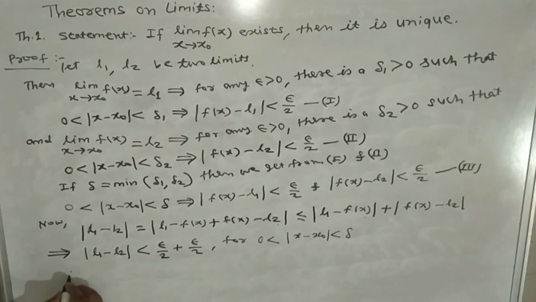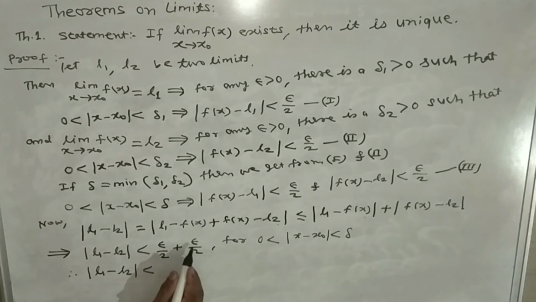Therefore we get mod L1 minus L2 is strictly less than the addition of 2 epsilon upon 2. So 2 will be cancelled and we get epsilon, for any positive epsilon.